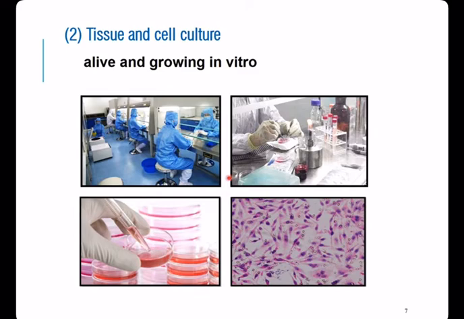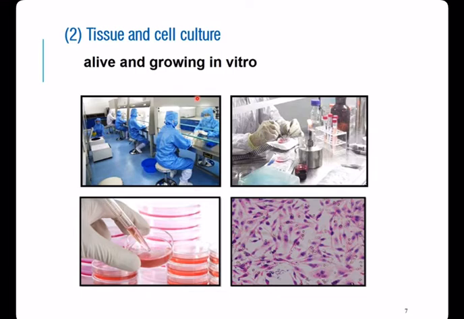Another method of experimental pathology is tissue and cell culture. That means we replicate the conditions in vivo in order to keep the cells and tissue alive and proliferating in vitro. This picture shows us how cell culture is performed.